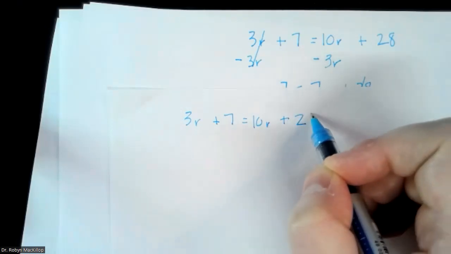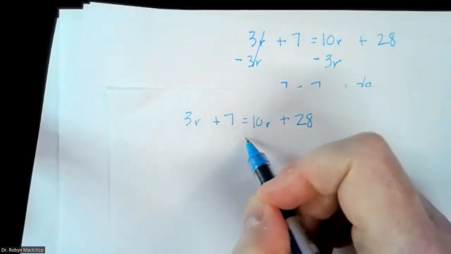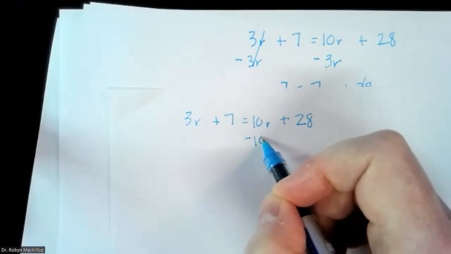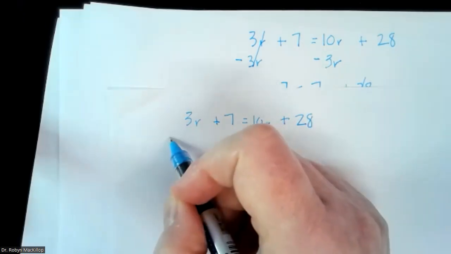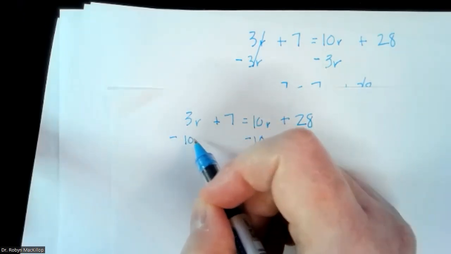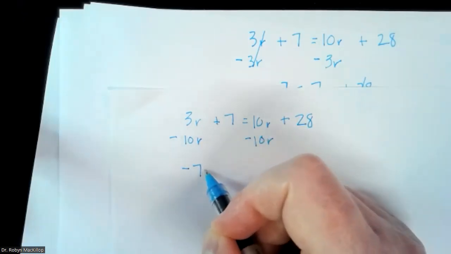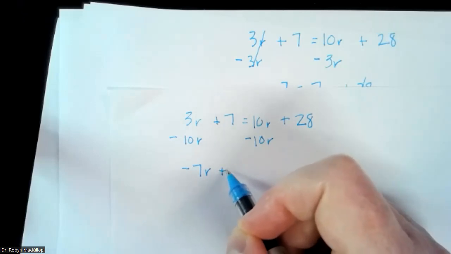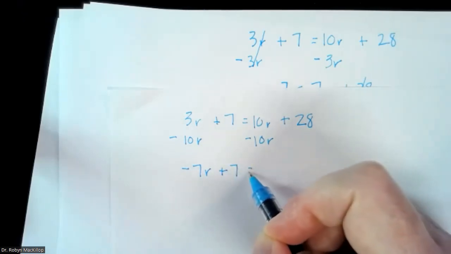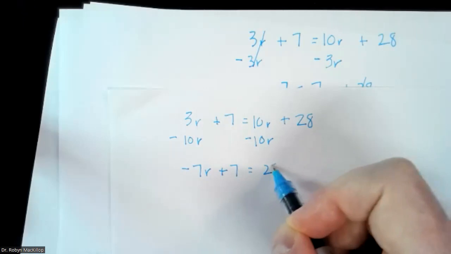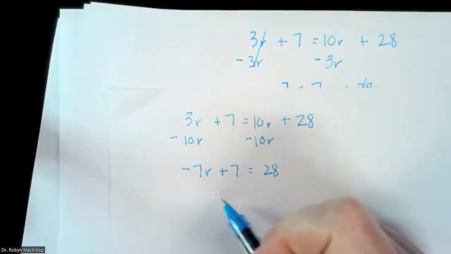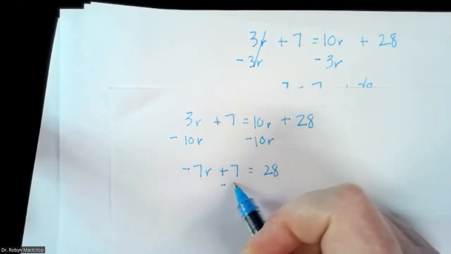This time, let's get rid of the 10r. Minus 10r, that zeroes it out there, minus 10r here. That leaves us -7r plus 7 equals 28. Now we have to get rid of this 7.